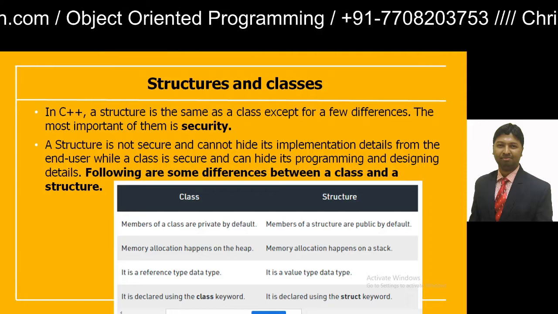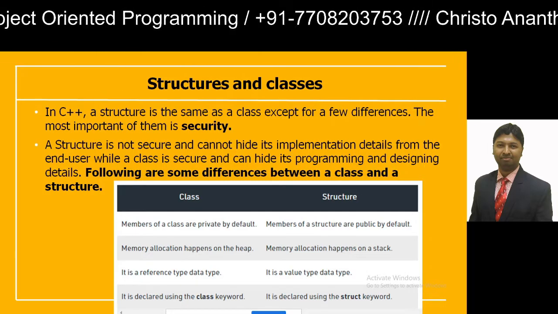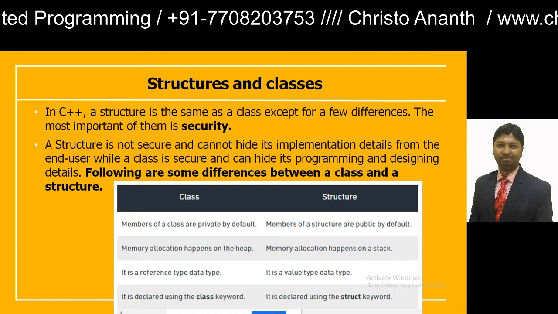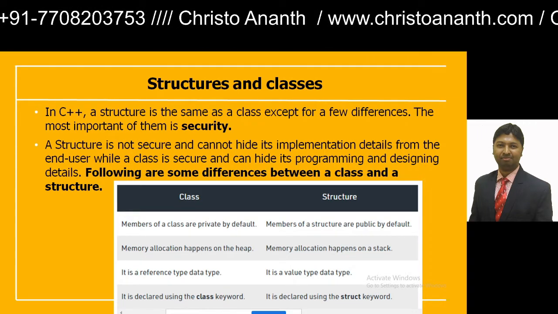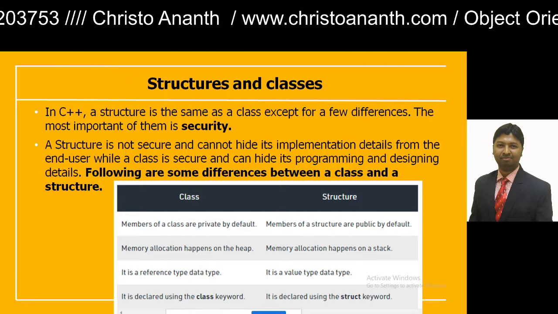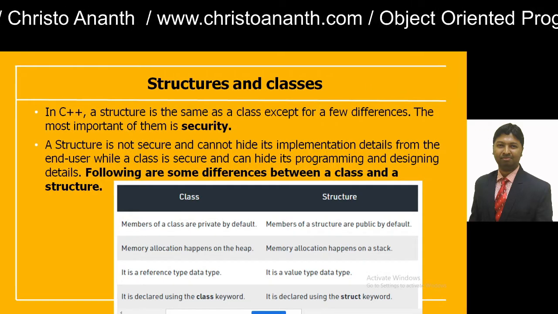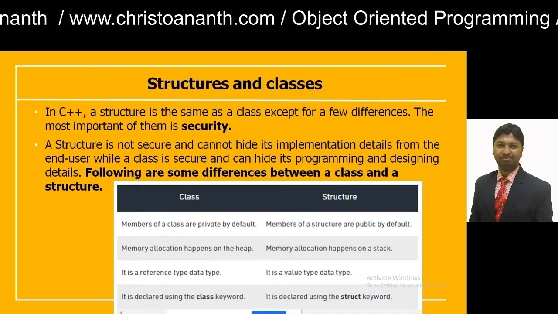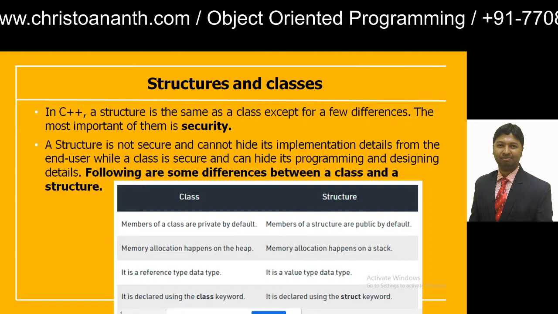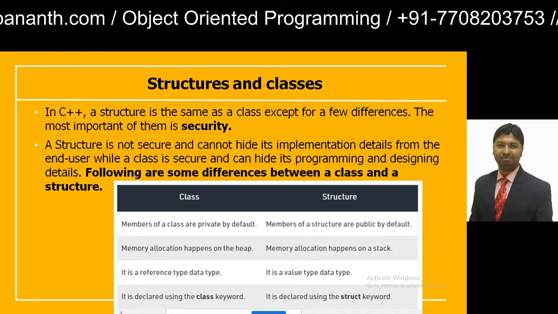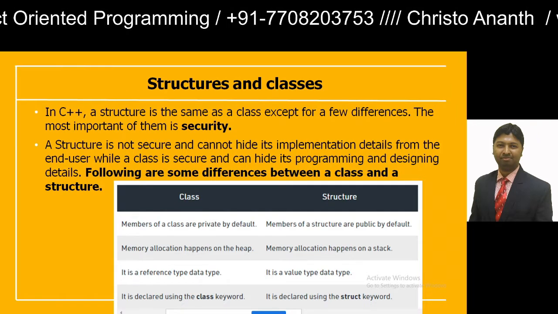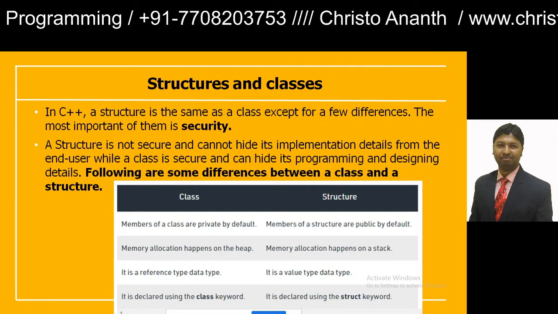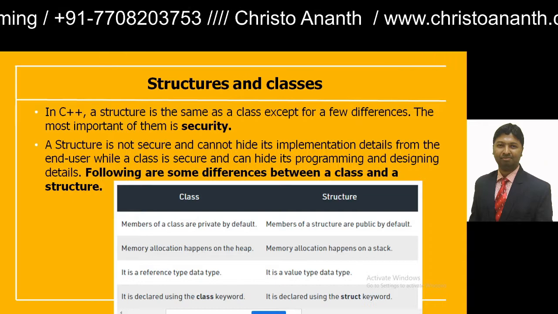So we generally differentiate between structures and classes. Definitely a structure is the same as a class, but there are some differences, whether it may be security or authentication features. You can say a structure is not secure, it cannot hide its implementation details from the end user, whereas a class is more secure.